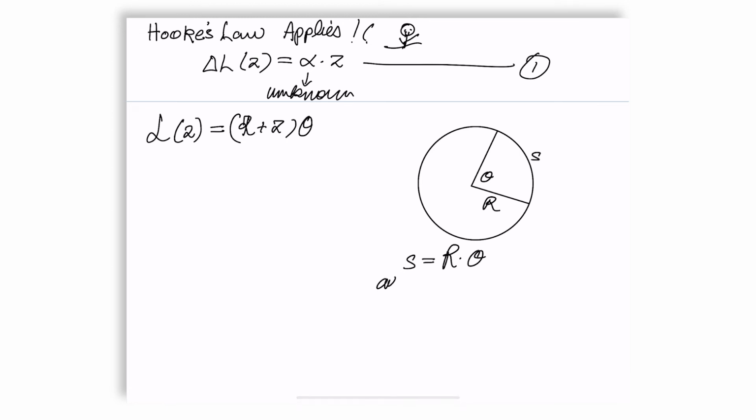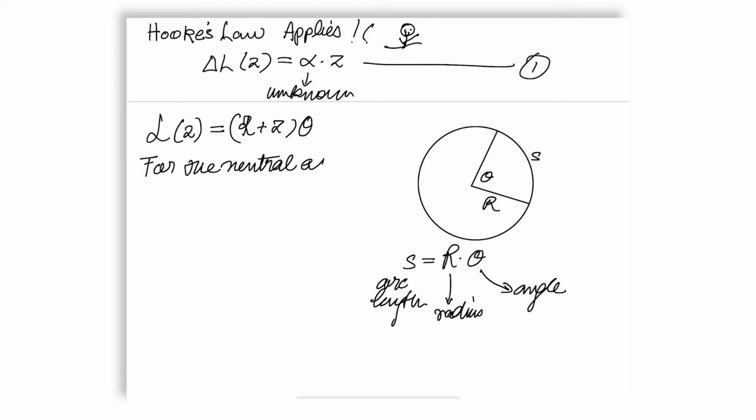This is the arc length, this is the radius, and this is the angle of the arc corresponding to the arc. Defines it in fact. So for the neutral axis, what is the relation between this arc length and the angle? It is L naught, the resting length, equal to r times theta. So in that sense, theta is equal to L naught upon r.